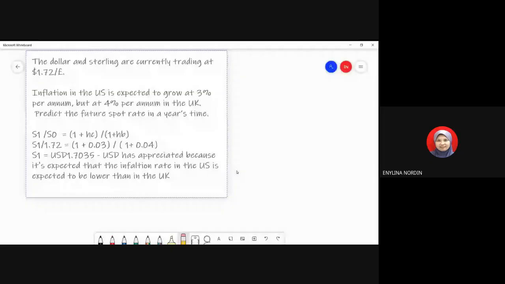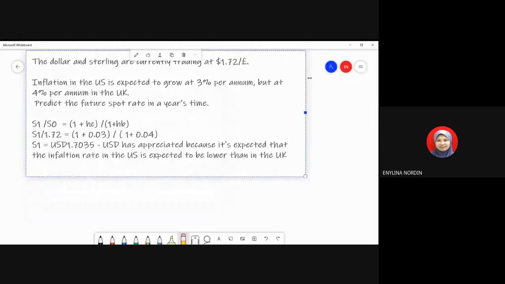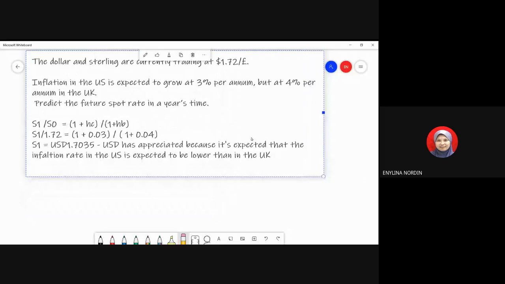Okay, so this is the example here. So how are we going to answer this one? You are given the information.